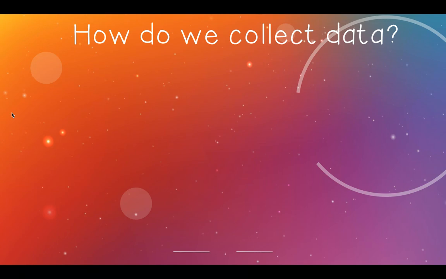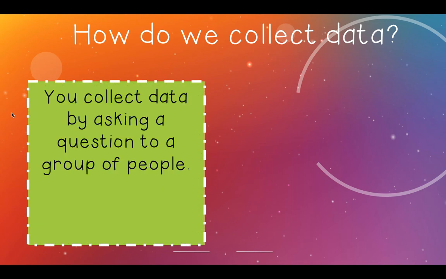How do we collect data? You collect data by asking a question to a group of people. Depending on what you want information about, you need to form a question and then ask people that question. Then you would also decide the answers, or the data or information, that you want to collect.